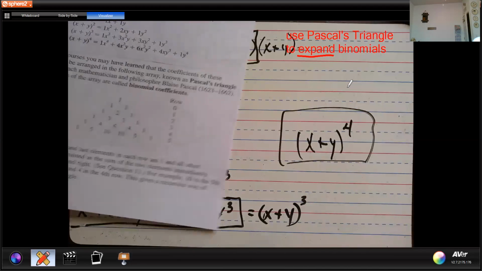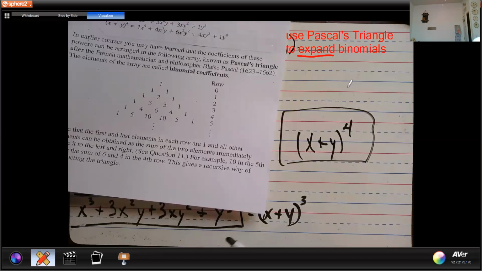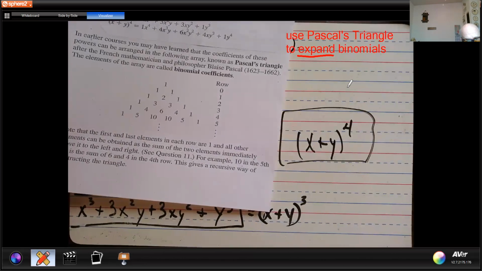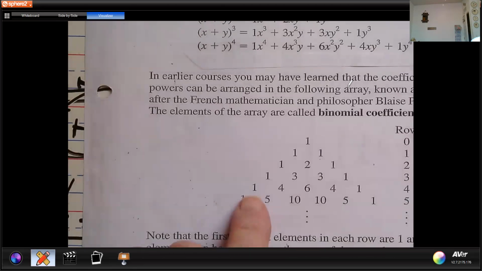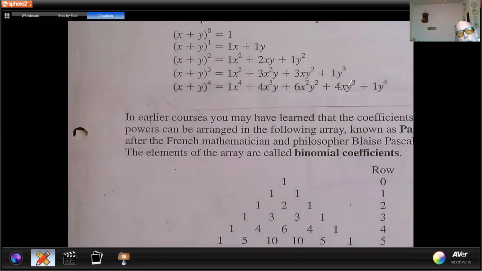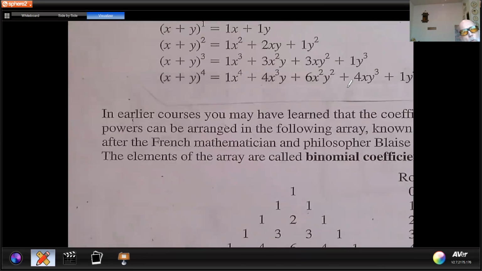Well, instead of doing all of this, I could use Pascal's triangle to find the answer if I just understood what letters I have to put next to these numbers, right? Well, look up here. Let's zoom in again. Zoom, zoom, zoom, okay?